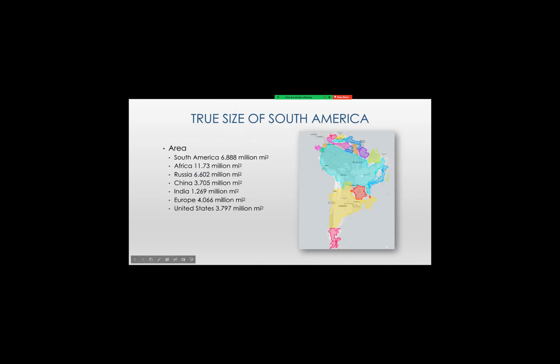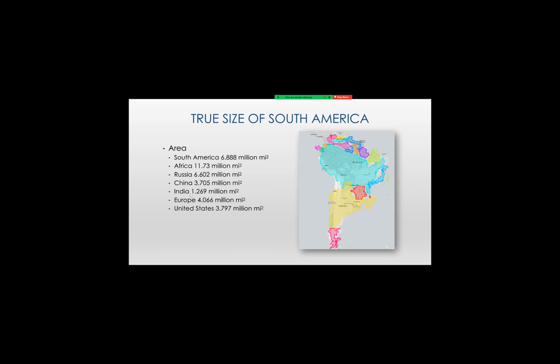I also wanted to give you an example of South America as well. It maintains its size, but in reference to the scaling up of Western nations, we see a huge difference. I also want to give you all some actual true sizes of the other nations. So Africa is 11.73 million square miles. South America is 6.888 million square miles. All of the rest of them, except for Russia in reference to South America, everything else is significantly smaller than South America and Africa.